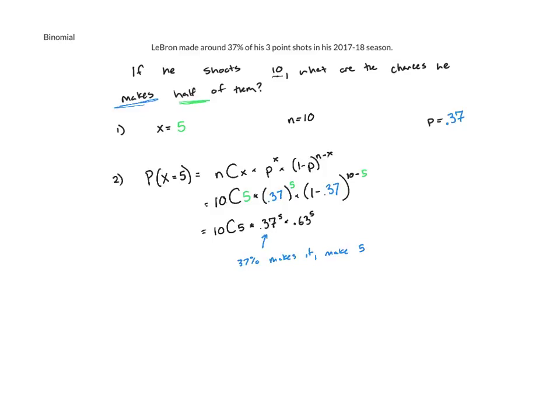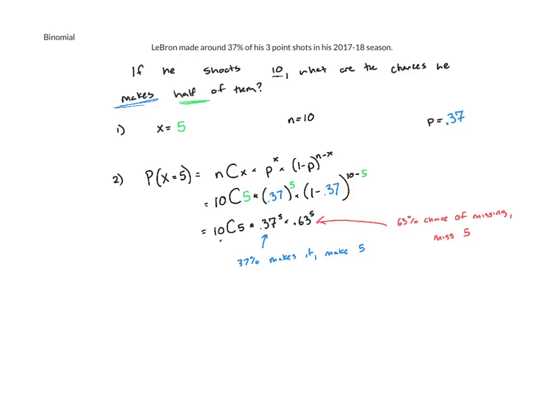This one over here makes sense because he has a 63% chance of missing, and we want him to miss 5 of them, which is why I have 63% to the 5th power.